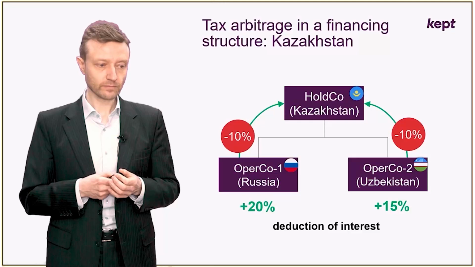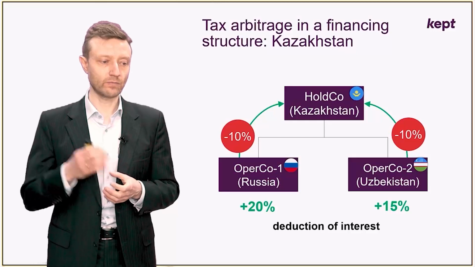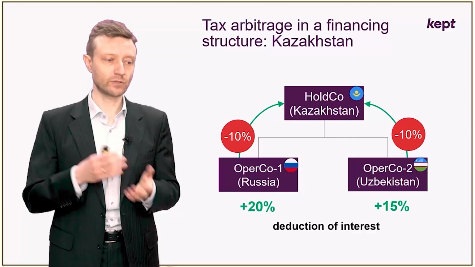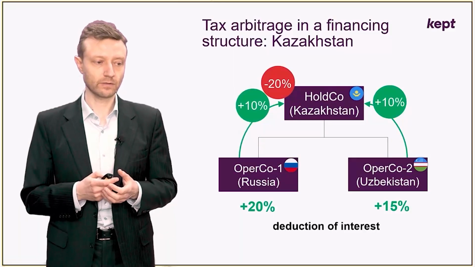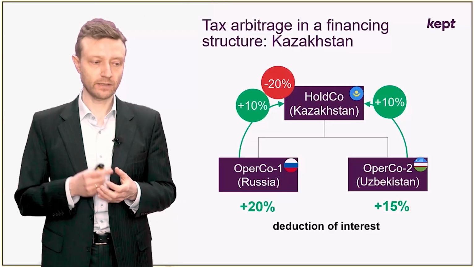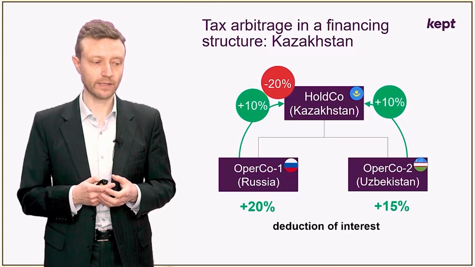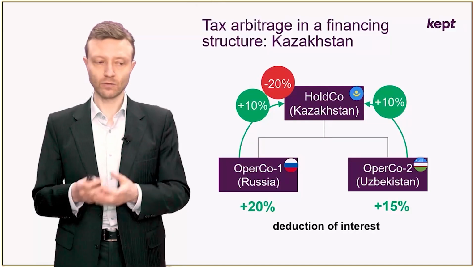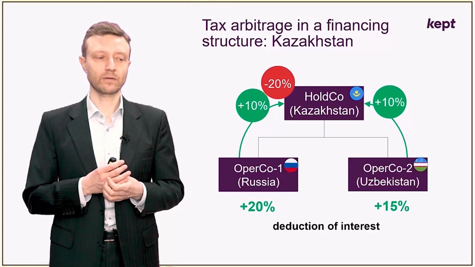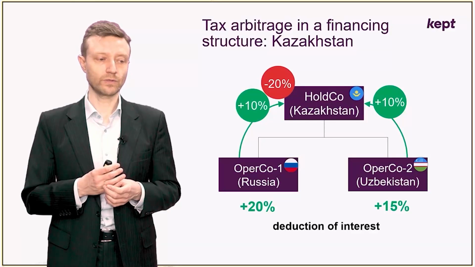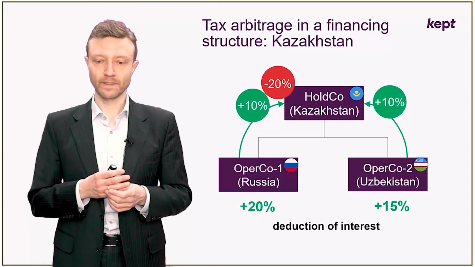And finally, an example of interest payments from Uzbekistan and Russia to Kazakhstan. Again, withholding tax of 10%, 20% corporate income tax in Kazakhstan, and a possibility to credit the tax withheld against the local corporate income tax liability in Kazakhstan. The end result doesn't seem to improve the structure if we compare it, for example, with a holding company in Hong Kong.